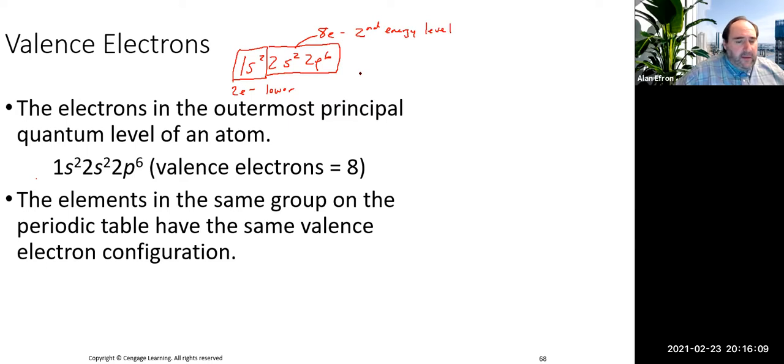Now, what we classify as valence electrons, which are really important, are the outermost, highest energy electrons.